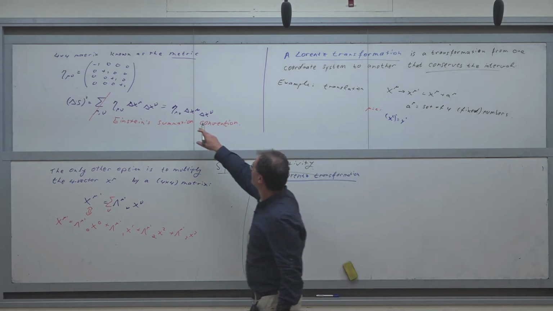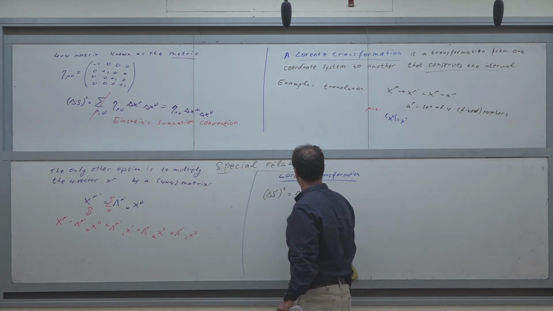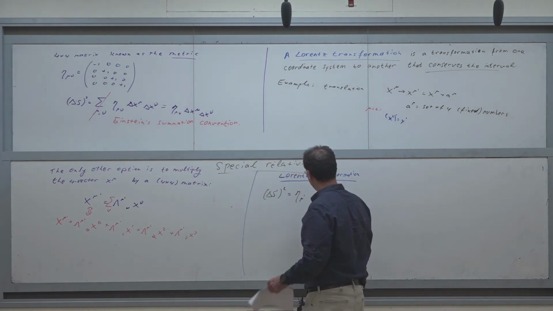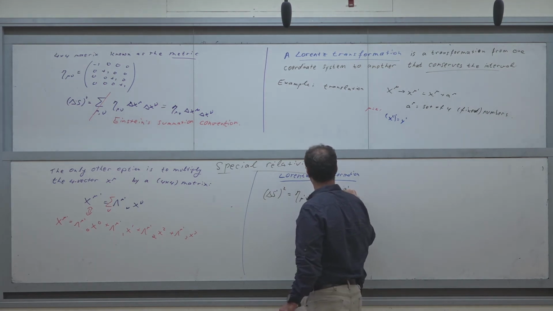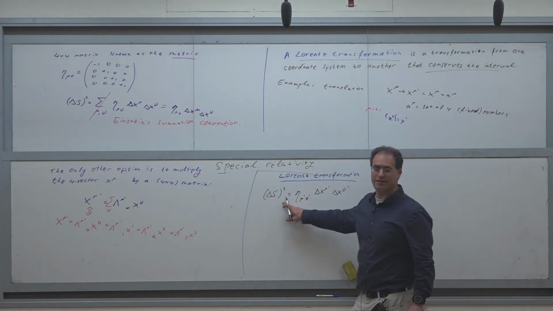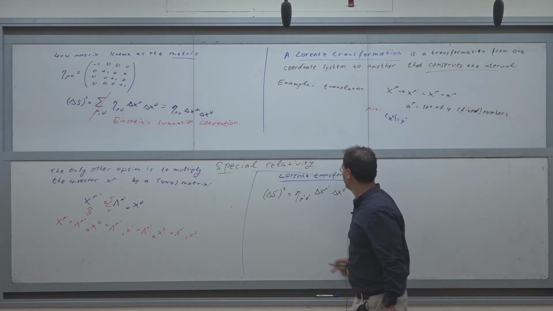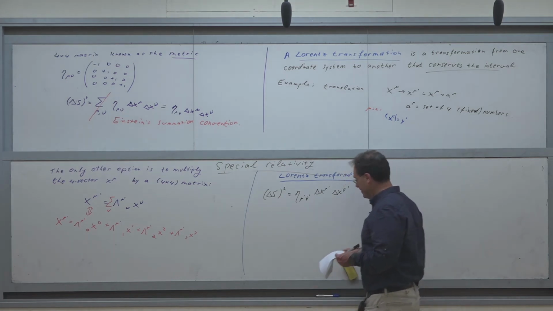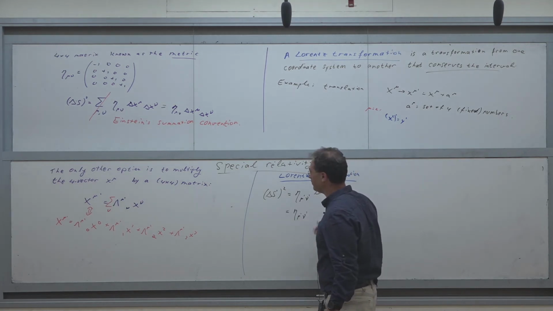Yeah, right. If I'm using this one here, it's eta mu prime nu prime delta x mu prime delta x nu prime. This is the interval as seen in the frame of the primed observer, right? Now this is equal to eta mu prime nu prime.